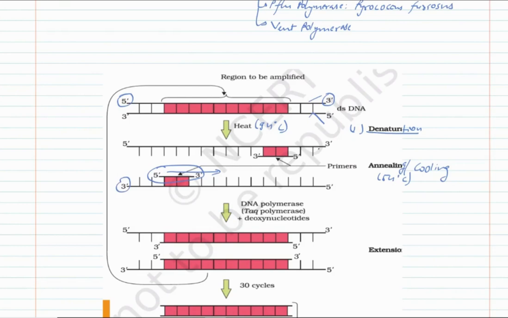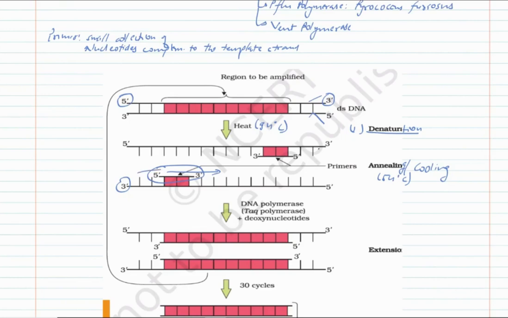A primer is a small collection of nucleotides complementary to the template strand. So the base pairs here will be complementary to the DNA strand which will be acting as the template. This primer will be attached here at the 3 prime end.